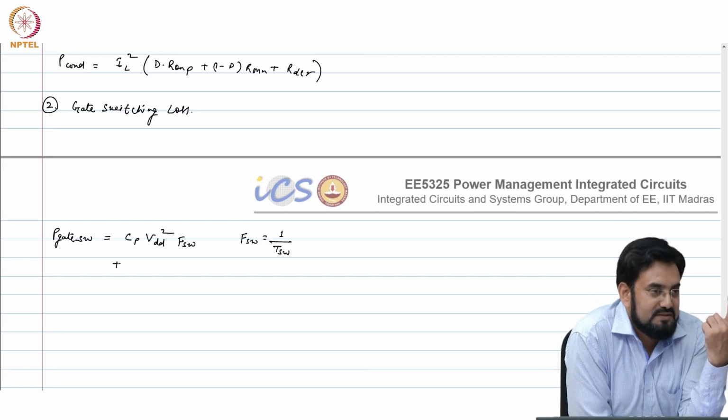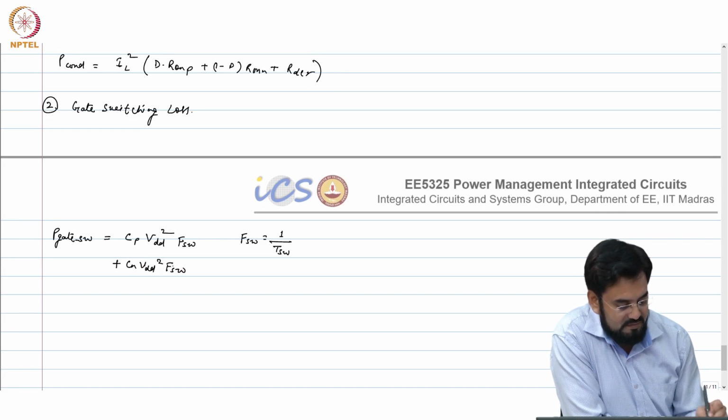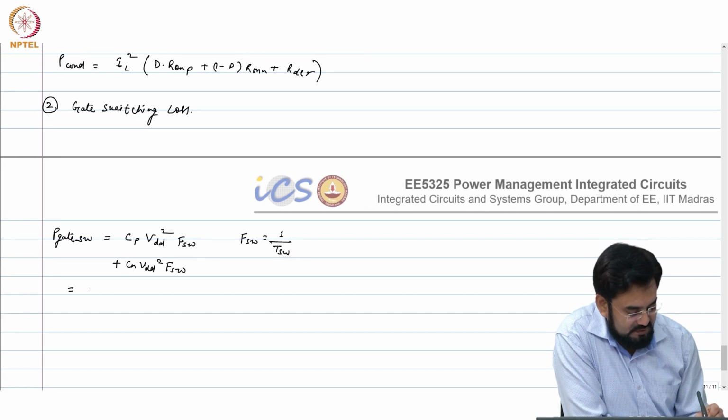You have two gates. How much will that be? Cn. So nothing but Cp plus Cn.